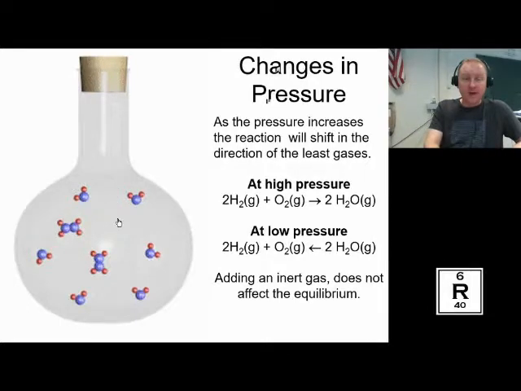If I have an inert gas, it's not going to increase the collisions. If I decrease the volume here, it will increase the collisions because there's less space between them and they'll collide more often. Remember the collision theory. But if I add an inert gas, the collision with the inert gas doesn't make the reaction happen. It would just bounce off other things and it wouldn't actually make this reaction go faster.